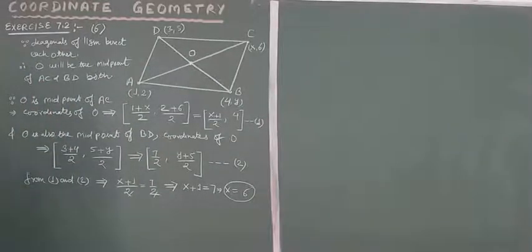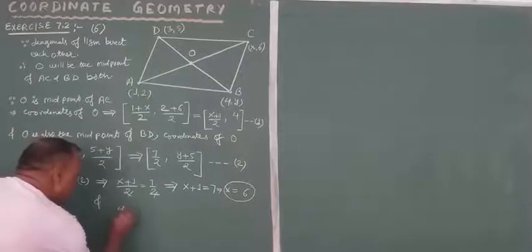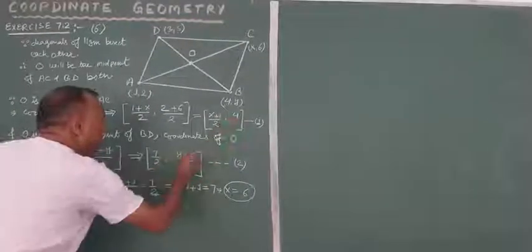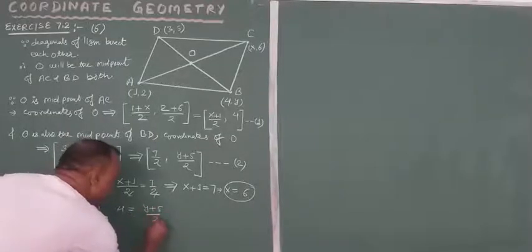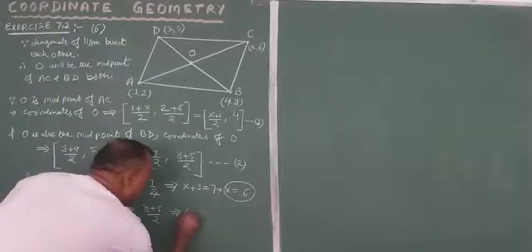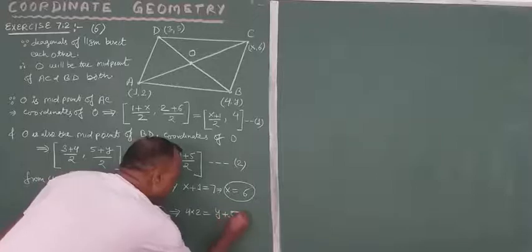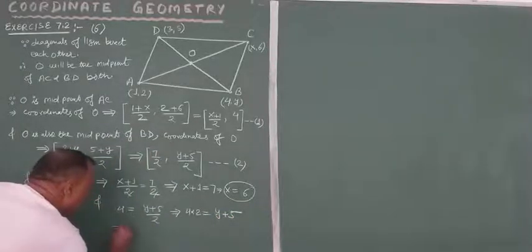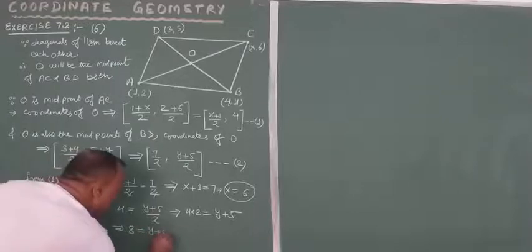And now ordinate will be equal to ordinate. And this ordinate 4 will be equal to (y plus 5) upon 2. Now this 2 will multiply here. 4 into 2 is equal to y plus 5. 4 into 2 is how much? 8 is equal to y plus 5.